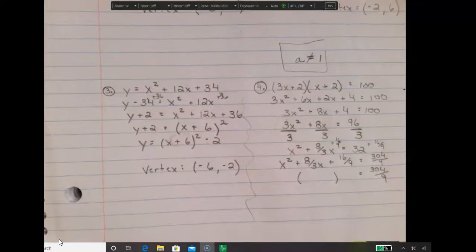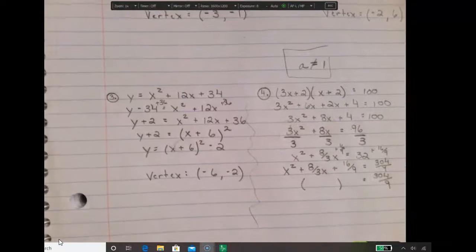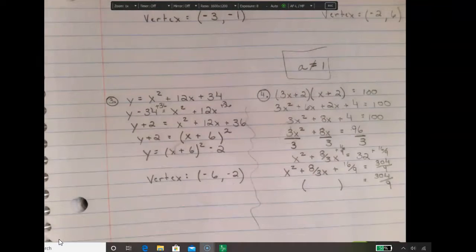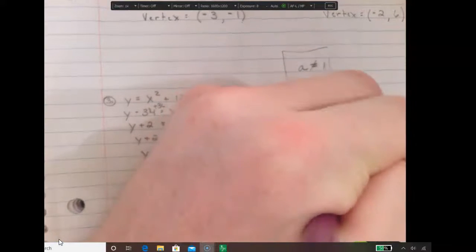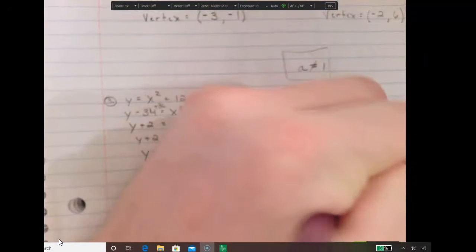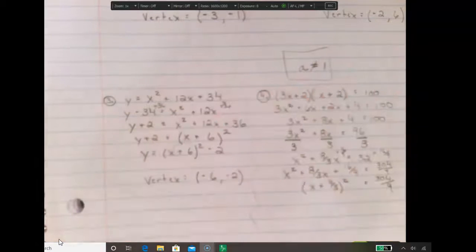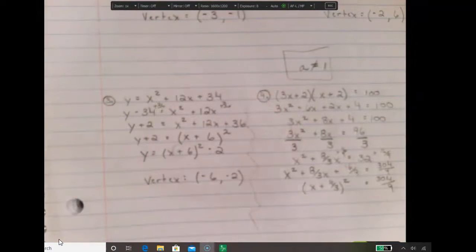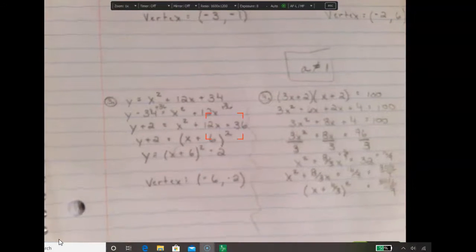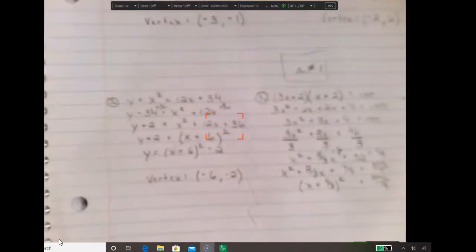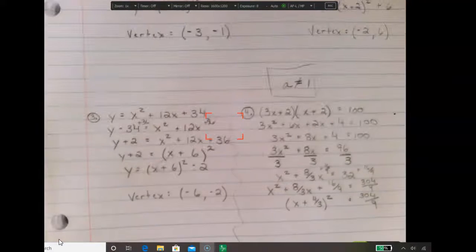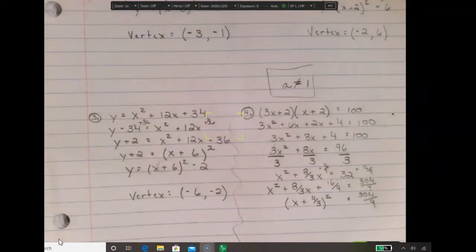And after you factor it, this one's going to come out to x plus 4 thirds squared. It's going to come out to x plus 4 thirds and x plus 4 thirds. And that is equal to, again, 304 divided by 9.